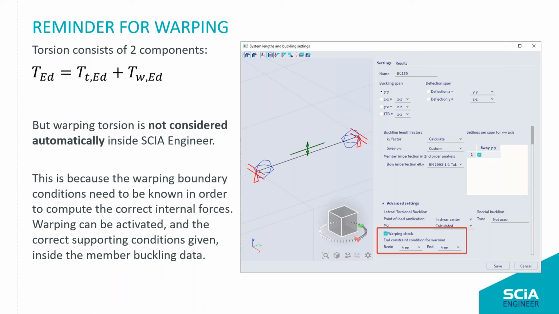And since SCIA doesn't know whether or not this warping is fixed at both sides of our beam, it cannot calculate a warping inside the section. So if you want to consider it, you need to go to the member settings, member buckling settings, all the way at the bottom, activate warping check, and set for the beginning and the end whether they are free or fixed for the warping.